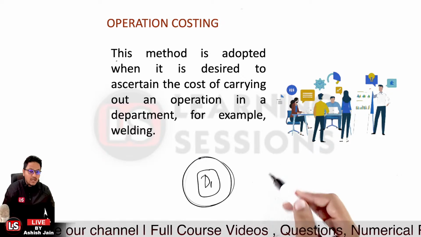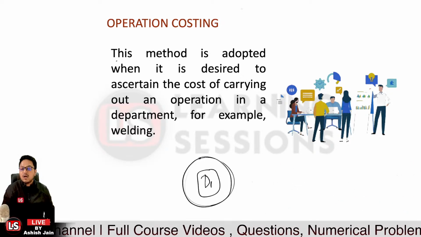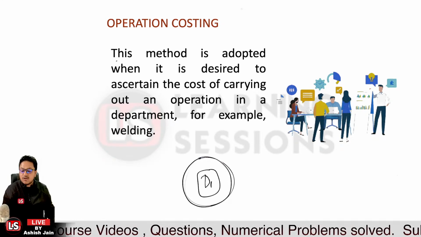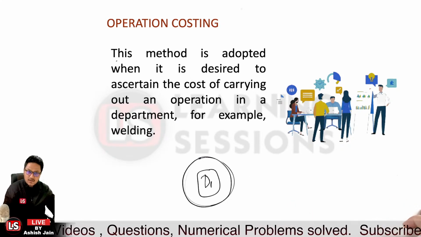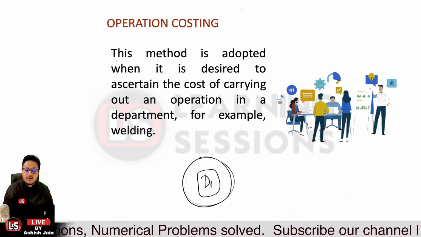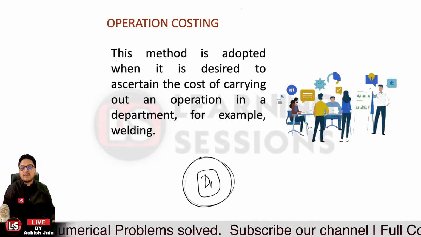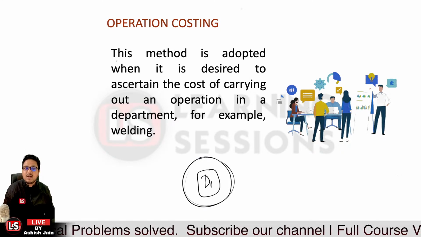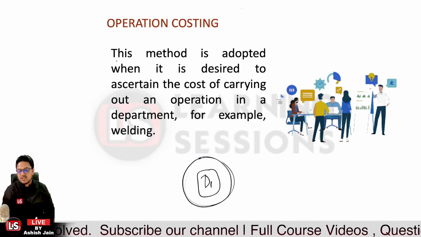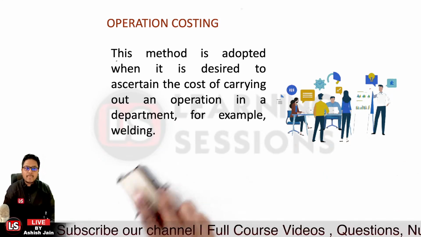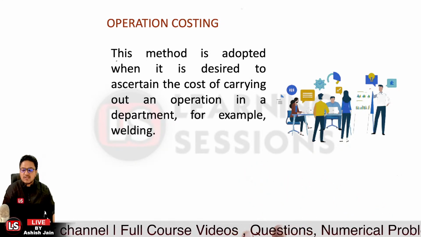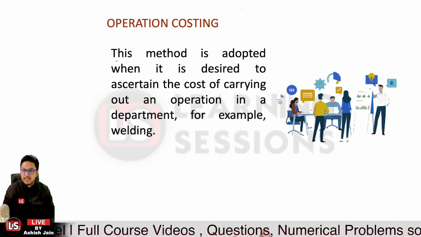Now when we consider multiple departments and want to look at how the departments are charging or spending, that is departmental costing. But when we need to ascertain the cost of carrying out an operation in a department itself, it is known as operation costing. Operation costing is concerned with a single operation in the department.